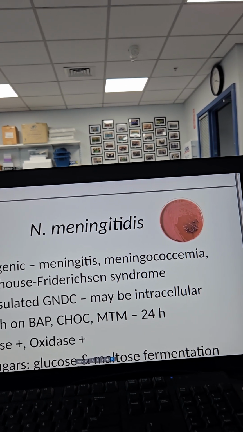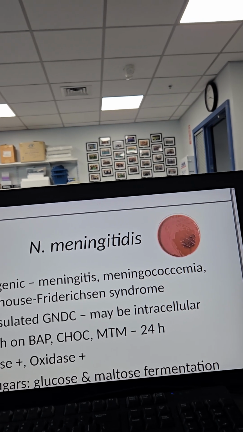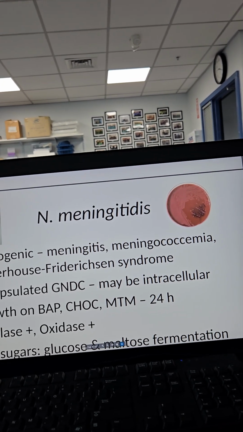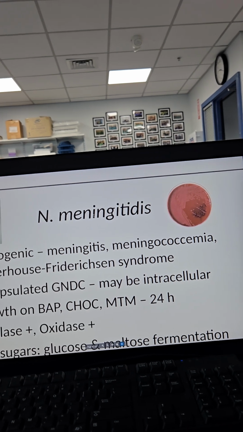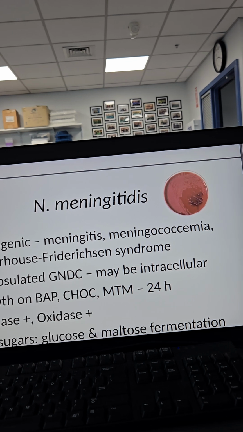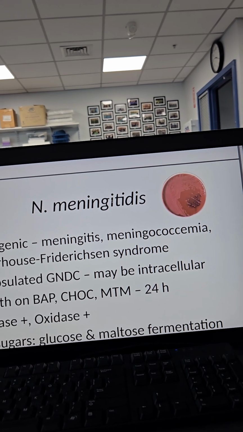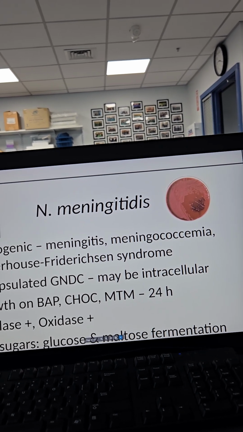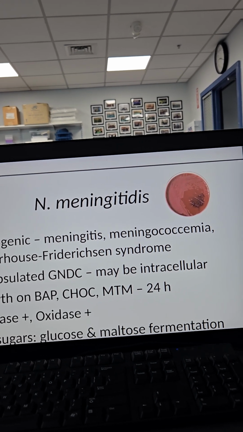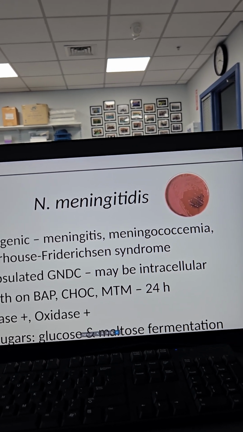Okay, so we see this very frequently in cerebrospinal fluid, of course, when we have bacterial meningitis. Neisseria meningitidis is called meningococcus. Like Neisseria gonorrhoeae is gonococcus, this is meningococcus.